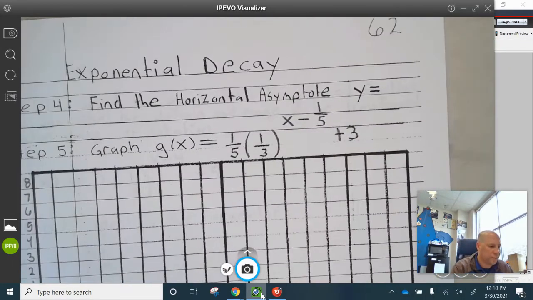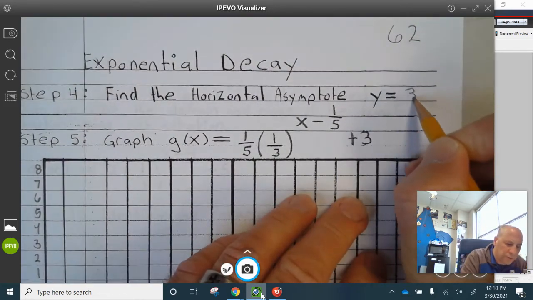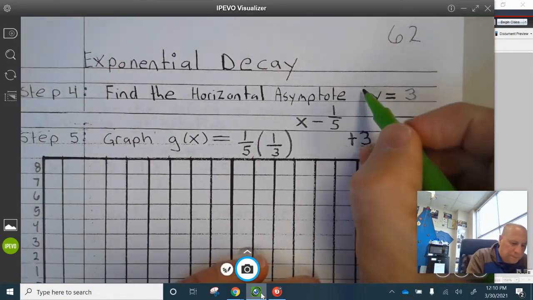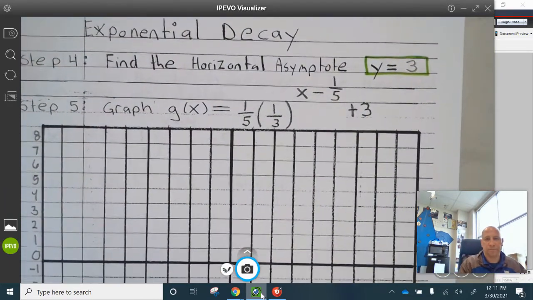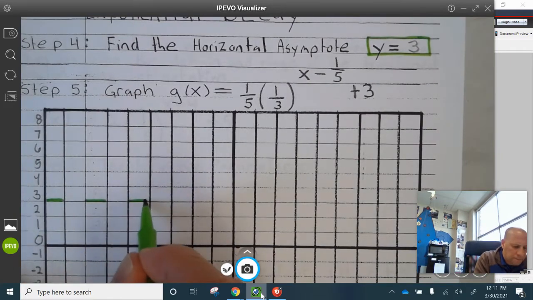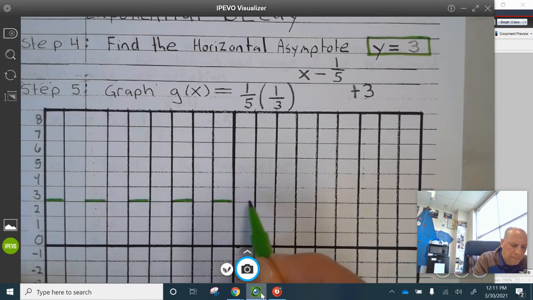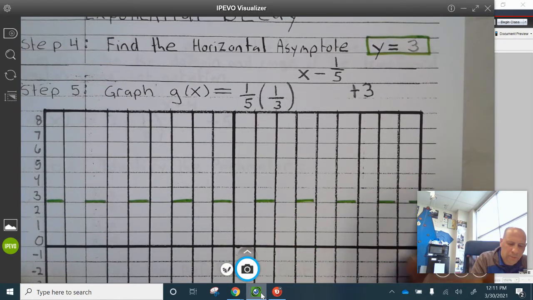All right. Step 4, find the horizontal asymptote. Well, that's this value right here. So y equals 3. Okay. So we have a horizontal asymptote at y equals 3. Okay.